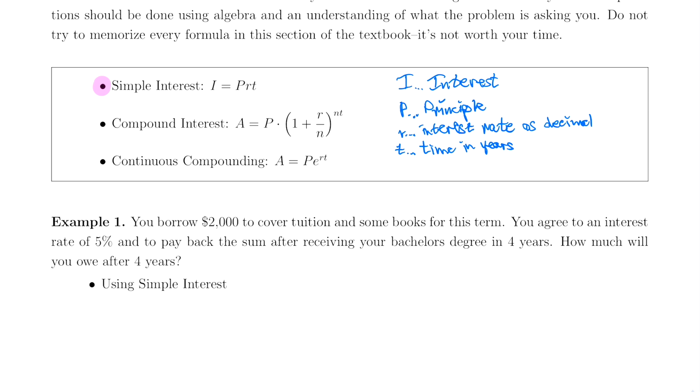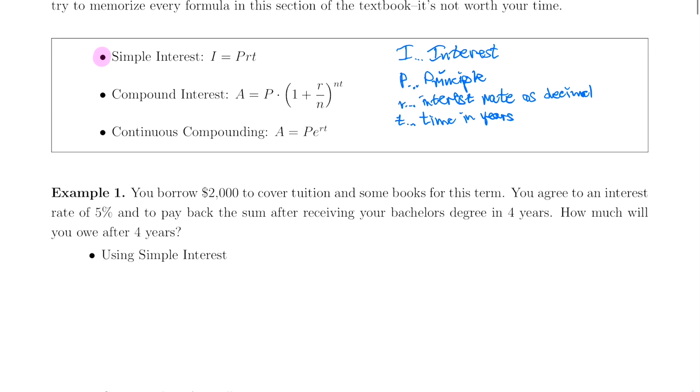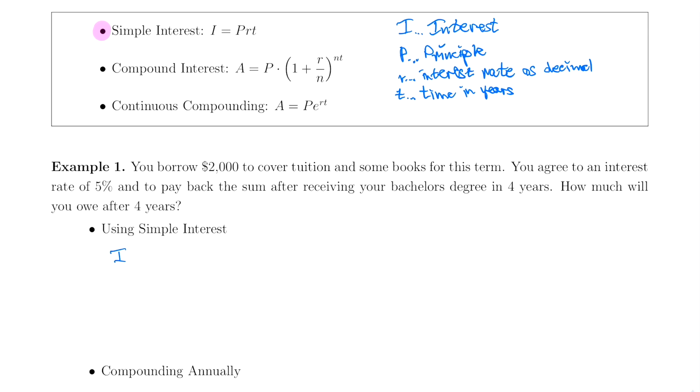So with a simple interest, all we basically do, we find the actual interest, which in our case with then p, the principal, would be $2,000, and then we multiply that by our rate. Now our rate is 5%, that is 0.05 as a decimal, just divided by 100% per 100, and then we multiply that by the number of years, which is 4 in our case.